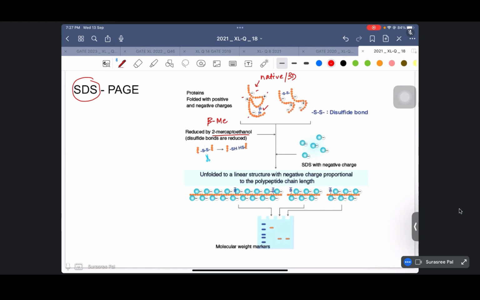Even if the protein is of low molecular weight, it can have a shape which hinders its migration in the gel, so it will migrate comparatively slower. So that is why if we run the proteins as they are in their 3D form in the gel, we will not be able to separate them according to their molecular weight.